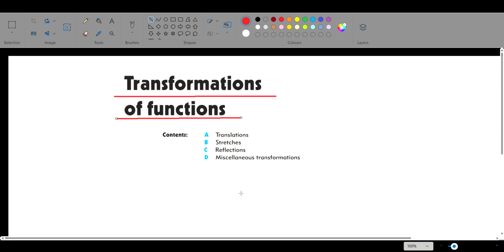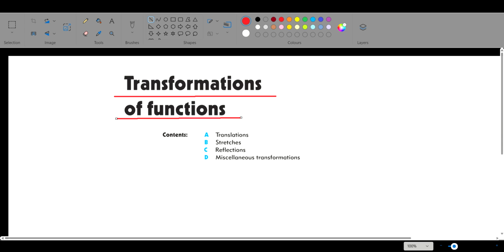These three transformations happen in both ways. Translation can happen horizontally and vertically. The same goes for stretches and reflections. Stretches can be vertical or horizontal, and reflections can happen on the x-axis or the y-axis.